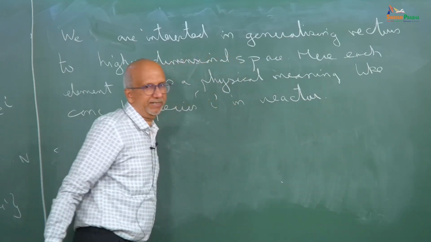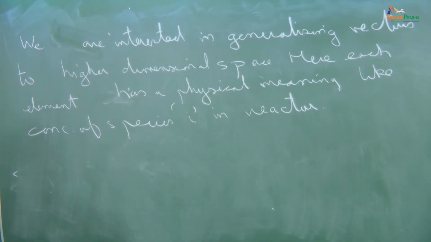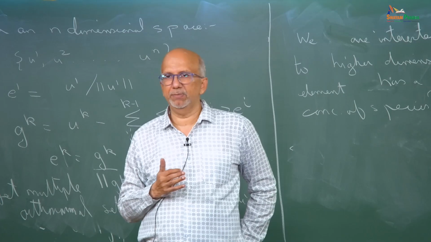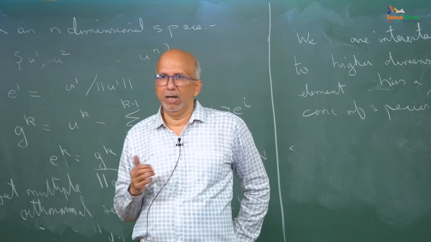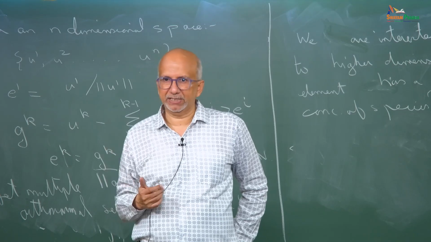We saw the batch reactor example, where CA, CB, CC, CD were the things; they did not have anything to do with velocity or force. So, we are thinking of vectors as just variables which have some physical meaning, and so we want to get into abstraction.